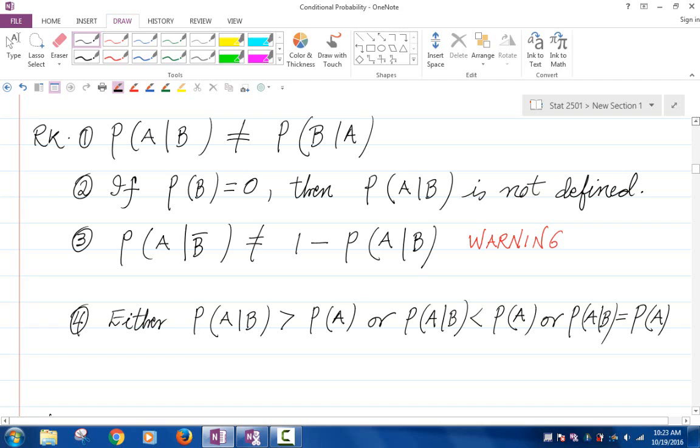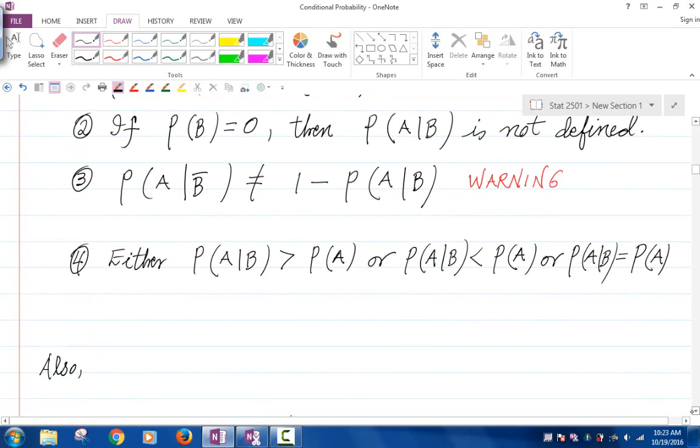So number 4, the probability of A given B may be larger than the probability of A, may be smaller than, may be equal. There are some examples. You will see that in the 2 examples that we did in the class, in both examples, the probability of A given B was bigger than the probability of A, right?